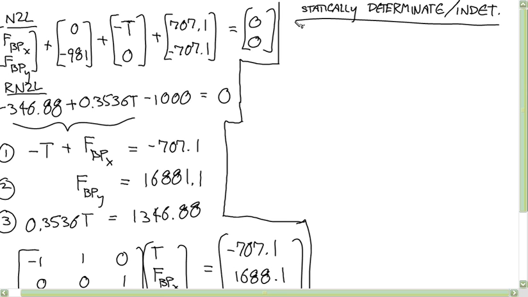Okay, so each free body diagram that you draw, if you're doing a 2D problem, you can get three total equations out of the free body diagram, right? If you're isolating a rigid body.